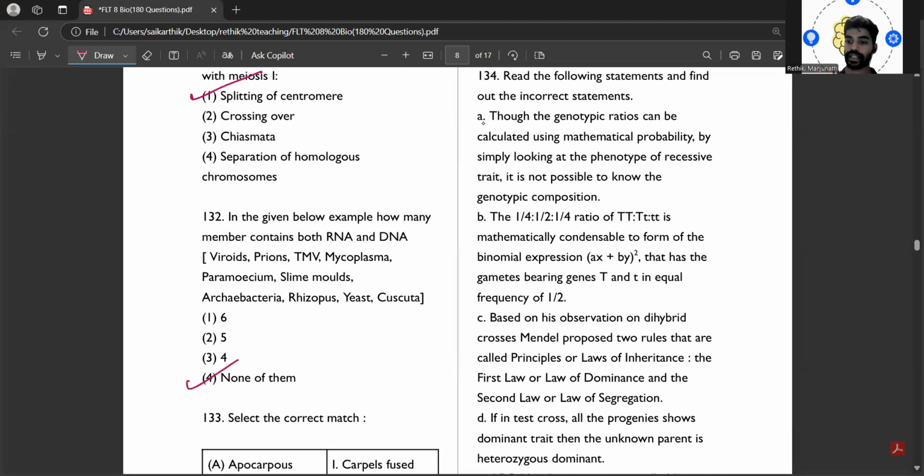None of them. Correct. Because remember, viroids have only RNA, and prions have only proteins. The name itself suggests it. TMV, a virus, has RNA and proteins. Viruses have either DNA or RNA. So none of them is correct.